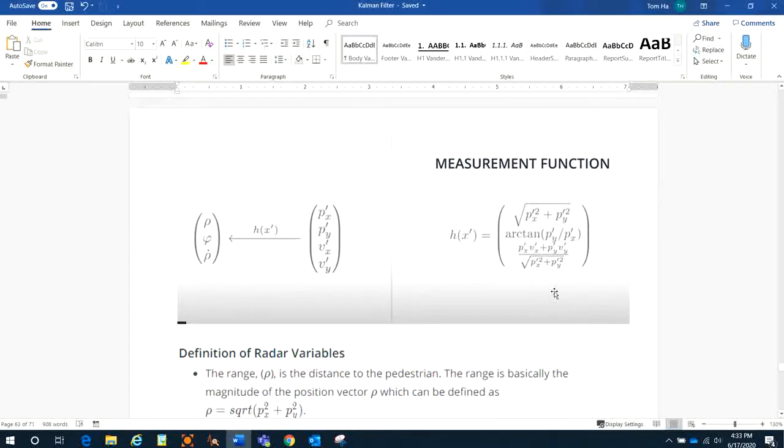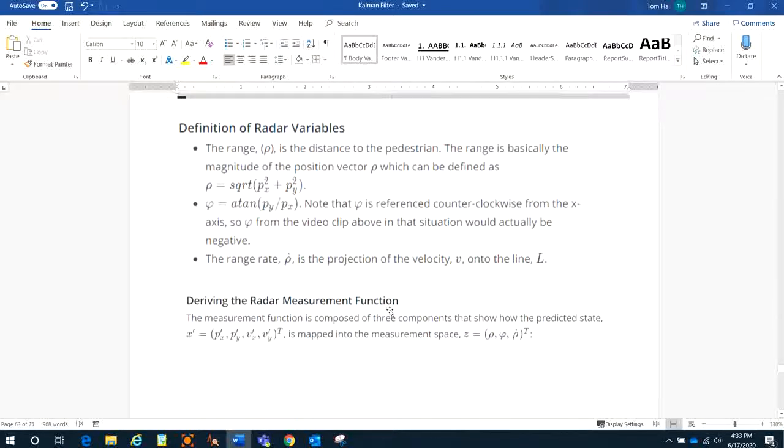You already know the measurement function from calculus 3, from the relation between the Cartesian and polar coordinate systems. We get rho equal to the square root of px squared plus py squared.